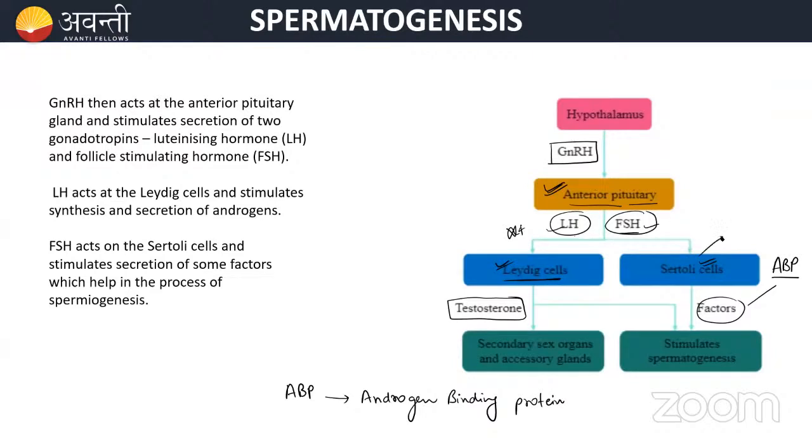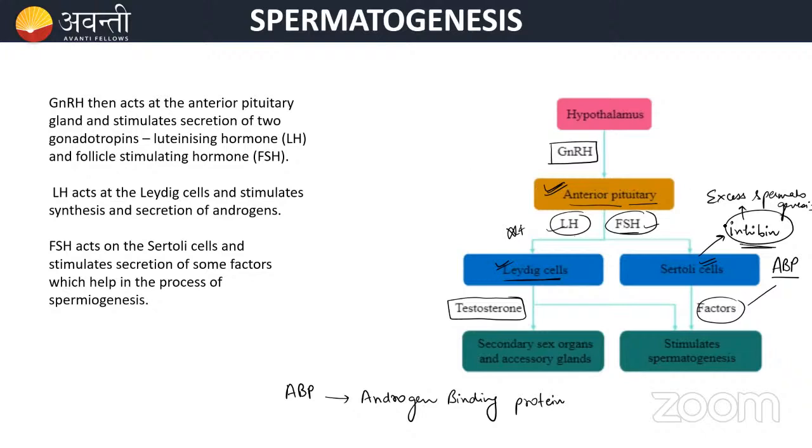The Sertoli cell also releases one hormone which is known as inhibin. This hormone is released when there is an excess of spermatogenesis. And as the name suggests, inhibin acts as an inhibitor.